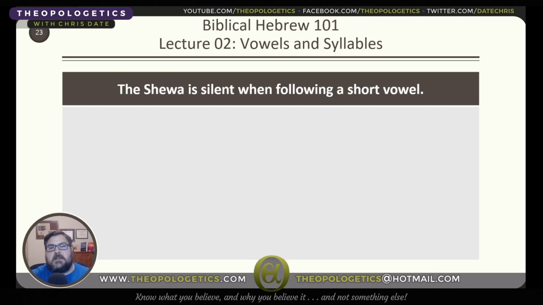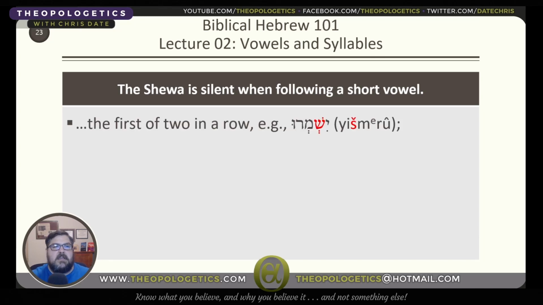Now, a very rough and ready rule for determining when a shva is silent is to say that a shva is silent when it does follow a short vowel. Again, let's apply this. A shva, when it's the first of two in a row, is silent. So this word is yishmeru, and yish is a single syllable.